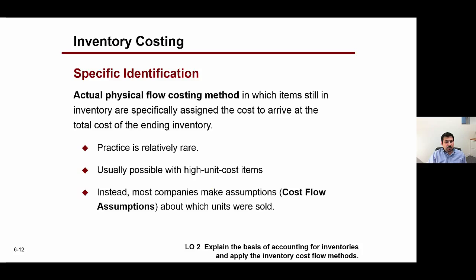However, like we said, this is not used very widely because the cost is high. It's not easy to keep track of this, although computerized systems are making this more and more possible, but still the cost is too high, and in many cases companies will find it a lot easier to just make assumptions using FIFO, LIFO, or the average cost.